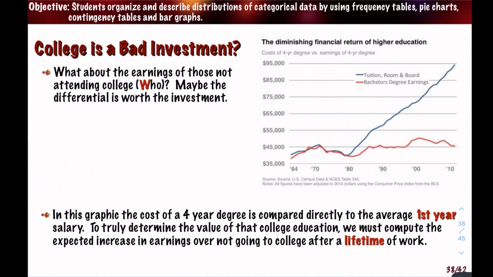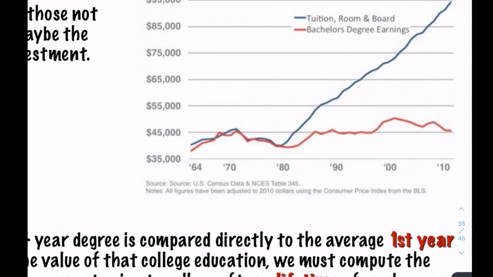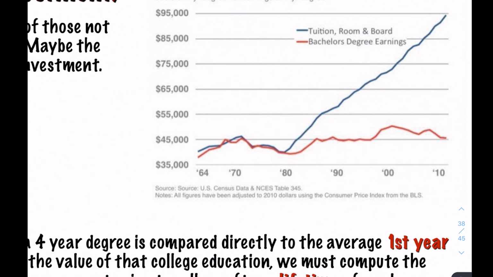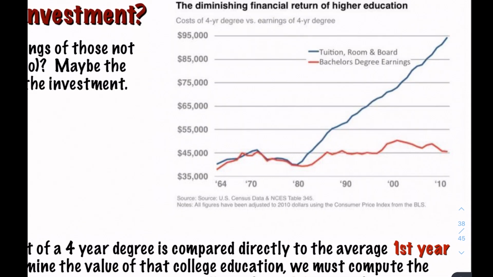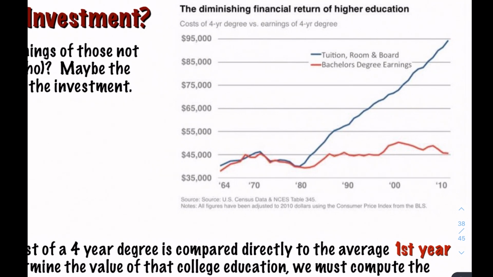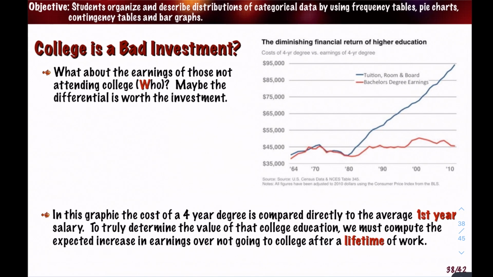So, is college a bad investment? If I just looked at this chart, and it's analyzing the diminishing financial returns of higher education, going from 1964 to 2010, we're comparing tuition and room and board at universities to bachelor's degree earnings of a 4-year degree.